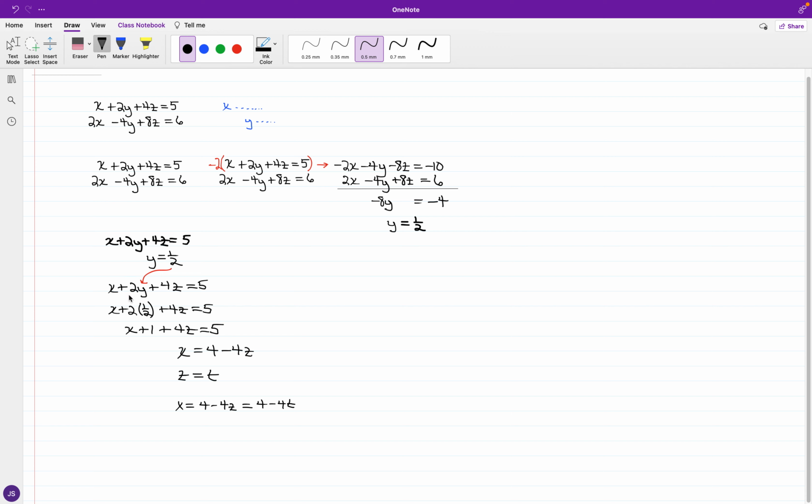And with y at 1/2, for the interaction between x and z, x comes out to 4 minus 4z, and z is the last letter alphabetically, and since there are no more equations where we can solve for z numerically, which could lead to a numerical solution for x, we supplied the variable t parametrically for z. So for the result, we had that x is equal to 4 minus 4t, and we had that y is equal to 1/2, and where we have again that z is equal to t.